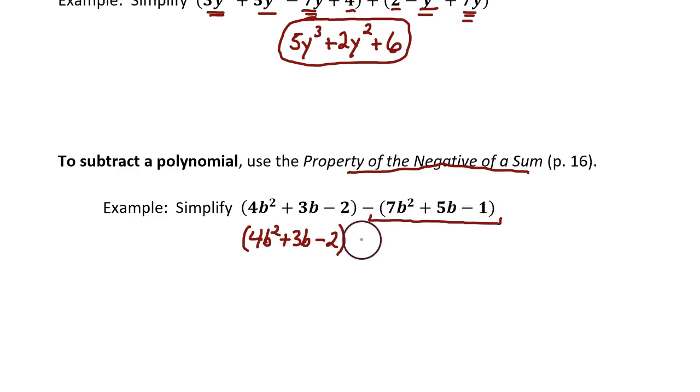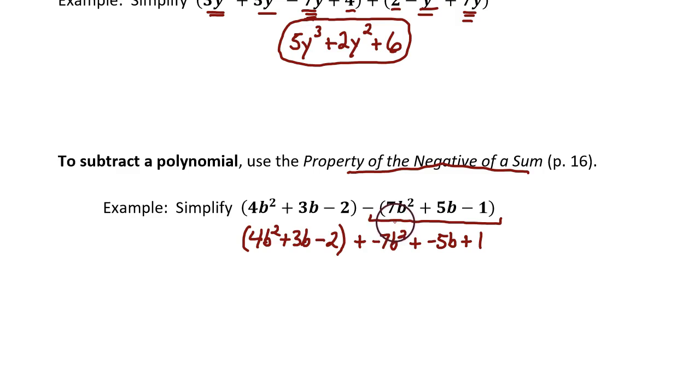Subtracting 7b squared is the same as adding negative 7b squared. Subtracting a 5b is the same thing as adding a negative 5b. Subtracting a negative 1 is the same thing as adding a positive 1.